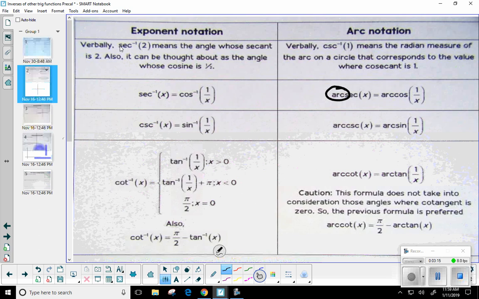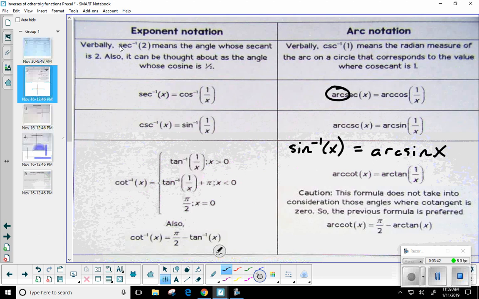So for example, if you had sine inverse of x, that is exactly the same as saying arc sine of x. Okay, so don't let that throw you off at all. It's just another way of saying it. Okay, another method. It's still going to be worked the exact same way. So secant inverse, I'm going to take cosine inverse of the reciprocal. Cosecant inverse, sine inverse of the reciprocal.